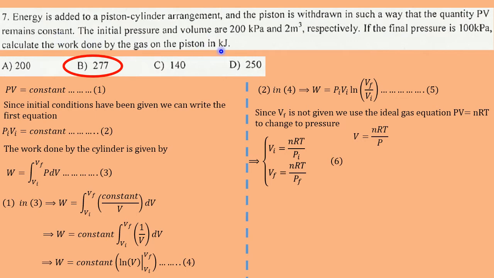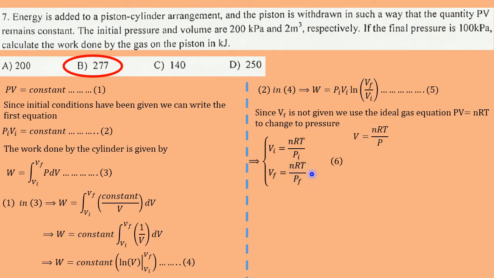Now we just have the initial volume given by nRT divided by Pi. n is the number of moles of gas in the cylinder, and we have Vf equals nRT divided by Pf. So you can actually see that T is the same for the two states.